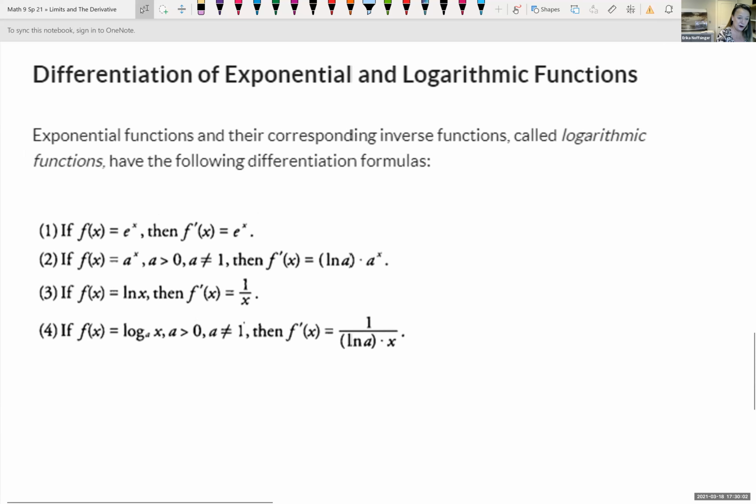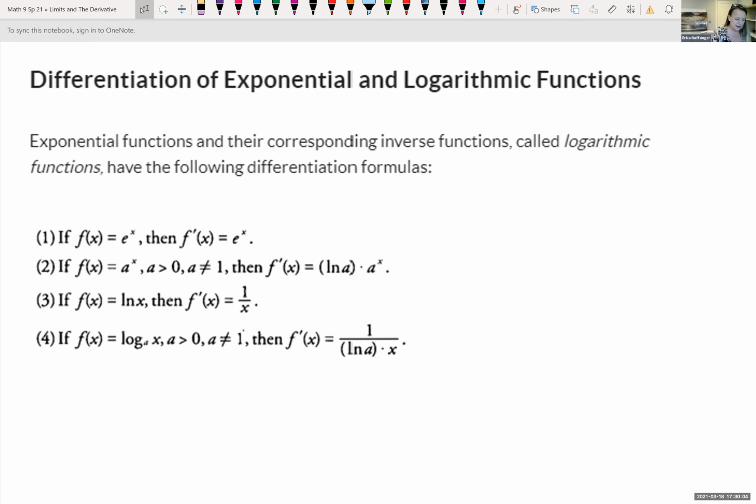We are going to look at 3 and 4 today, but we have learned 1 and 2. Differentiation of exponential and logarithmic functions: exponential functions and their corresponding inverse functions. I just mentioned that logs are the inverse functions of our exponential functions, called logarithmic functions, and they have the following differentiation formulas.